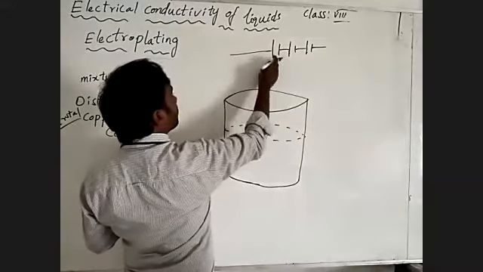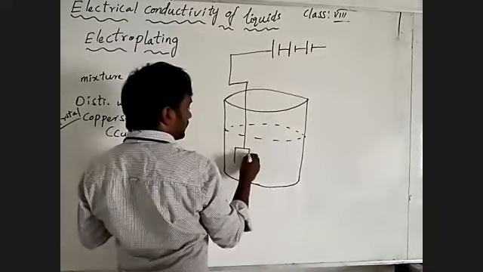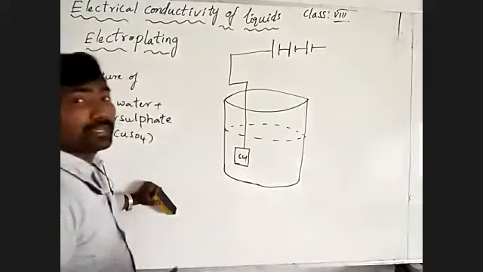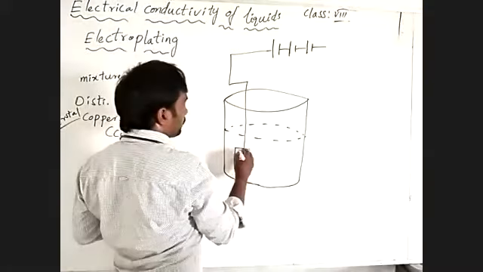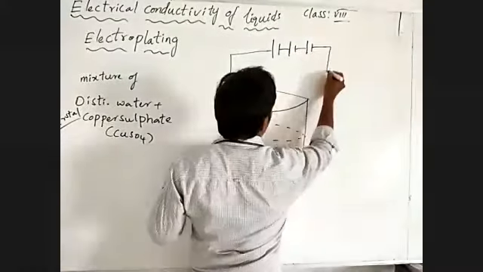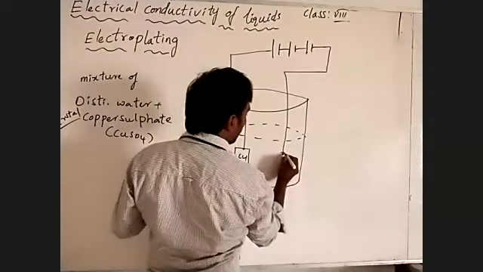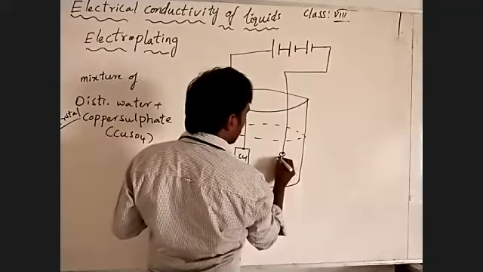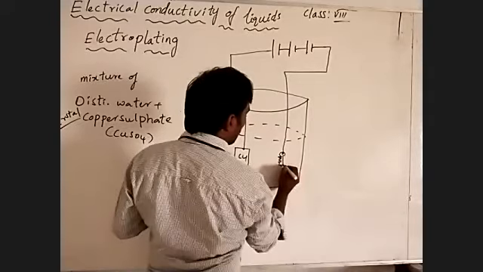The positive terminal of the battery is connected to the copper plate, which has dimensions of 2 centimeter by 5 centimeter. And the negative terminal of the battery is connected to the iron key.